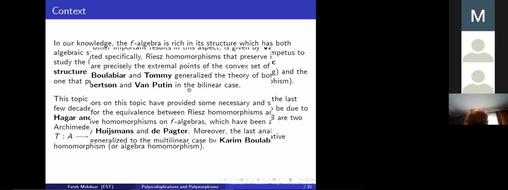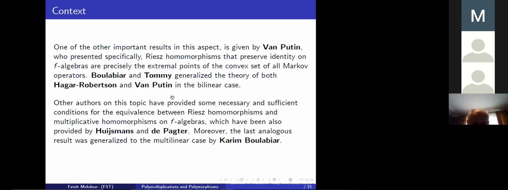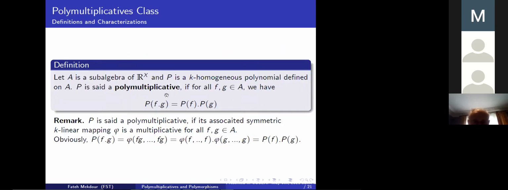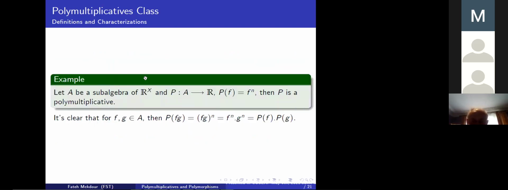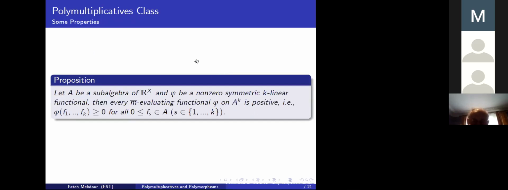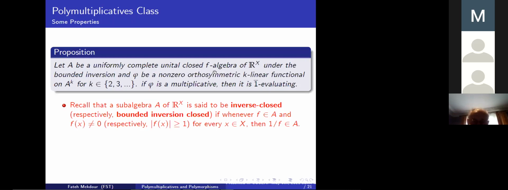The definition for the first result is given for the general case, on a subalgebra of R^X, and the result after that we take for the F-algebra.